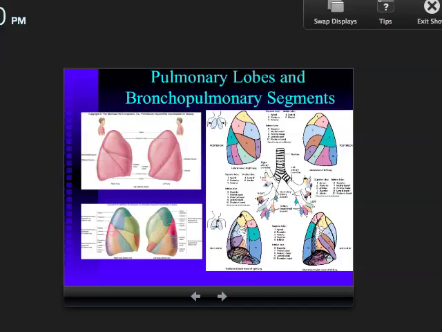So we call this ventilation perfusion balancing. It's balancing between the amount of air that's going there and how much blood. So it's vasodilation or vasoconstriction, opening up or closing those blood vessels to match the amount of air. And that's happening at the level of the bronchopulmonary segments.